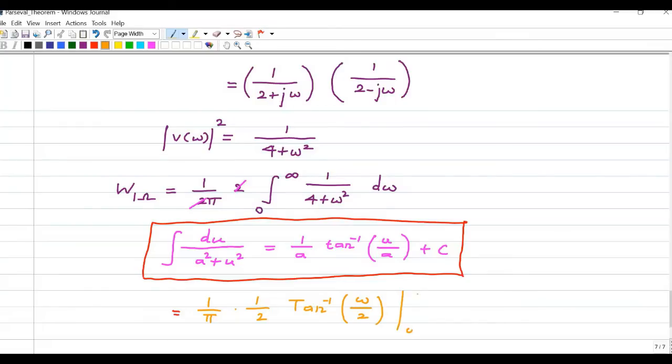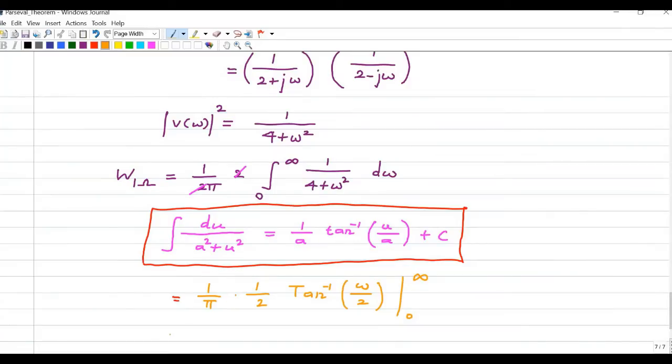The integration limits are from 0 to infinity. So 1 over 2 pi. What is tan inverse infinity? Is it pi by 2? Okay. Tan inverse 0 is 0.